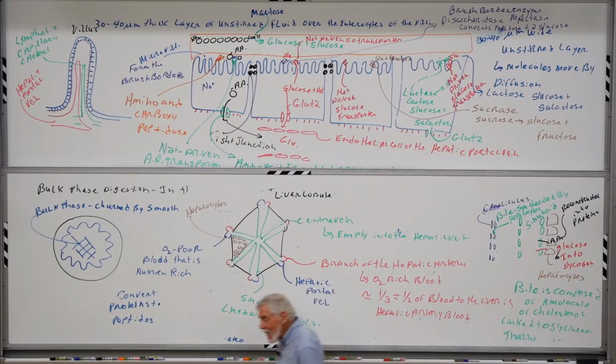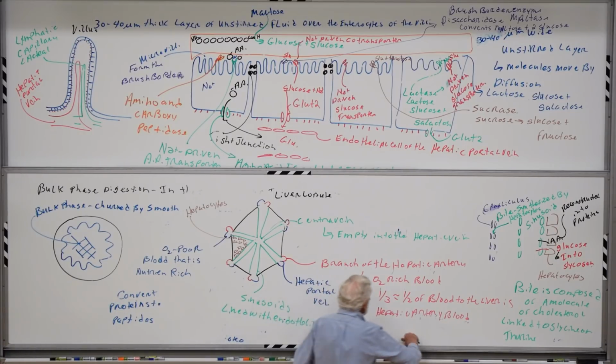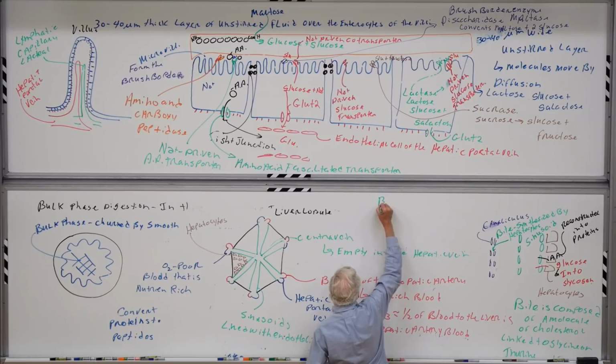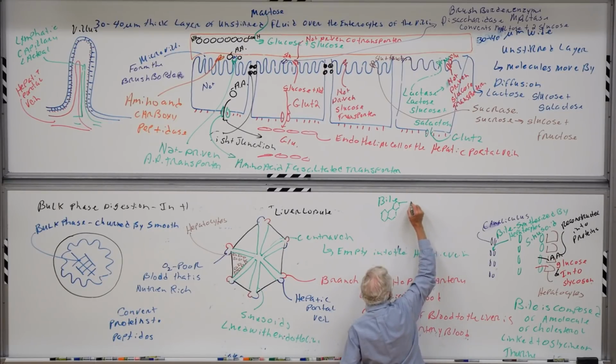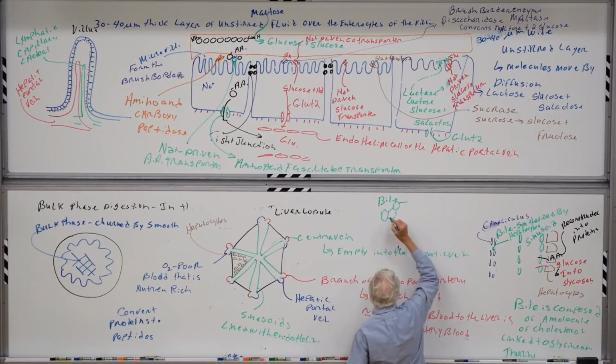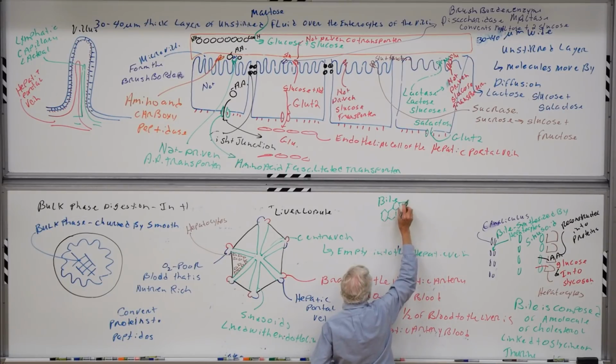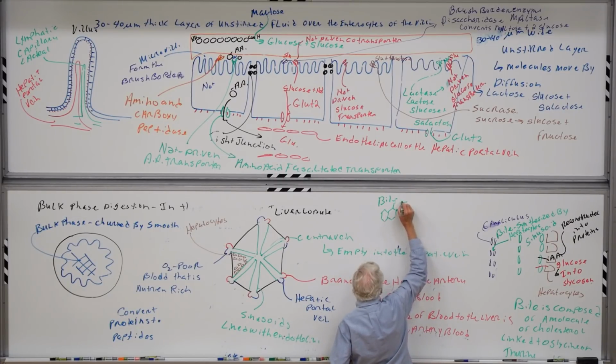Now, the point of that is that the cholesterol is hydrophobic. So if we actually look at a molecule of bile, it has this cholesterol structure. And out here, it's linked, I think it's on this number 5 carbon ring. There's another one out here. A, B, C. I'm sorry, this is a 6-membered ring. This is a 5-membered ring.